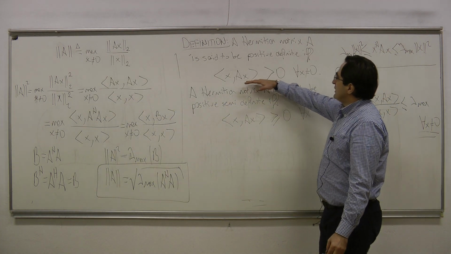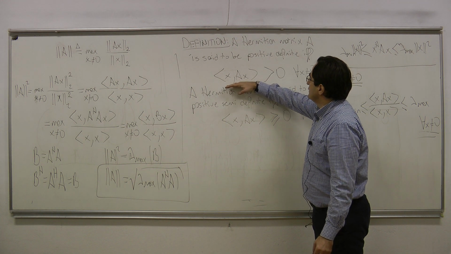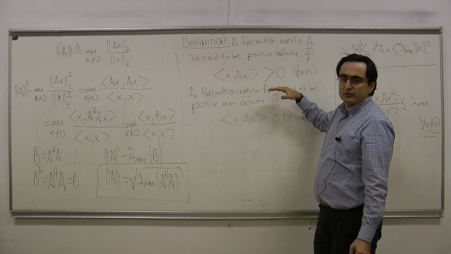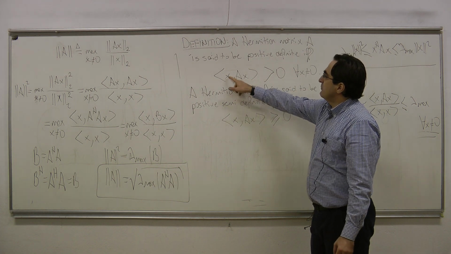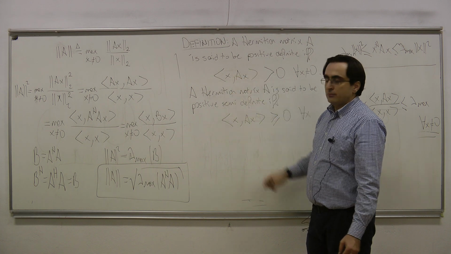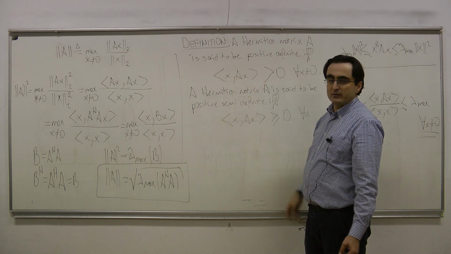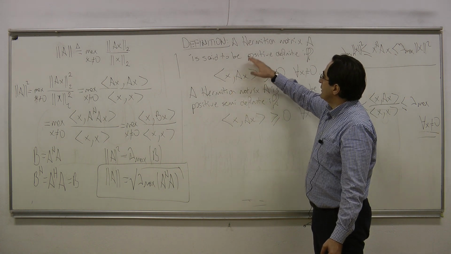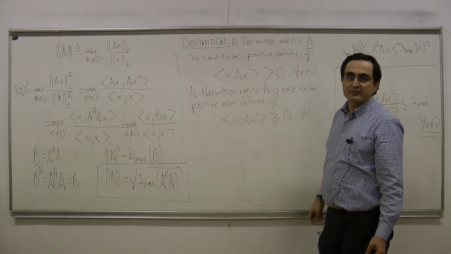For a positive definite matrix A, this inner product is always strictly larger than 0 for any non-zero x's. When I choose x exactly equal to 0, this inner product would also be equal to 0. It's trivially equal to 0 when x is equal to 0. Therefore, I want the positiveness only for non-zero x's.